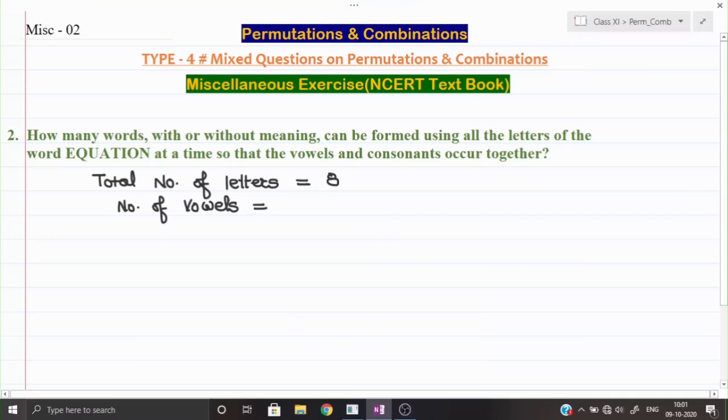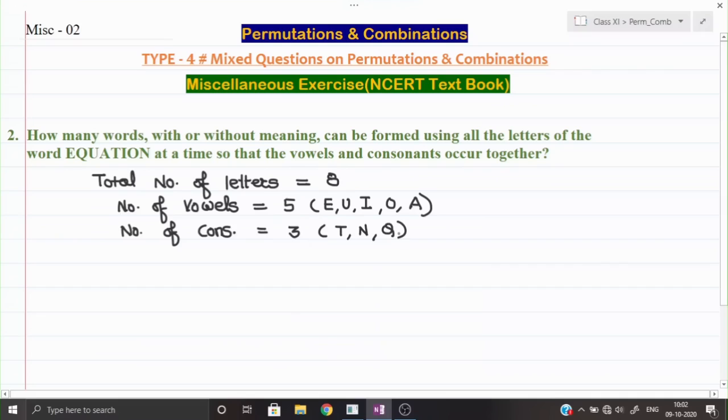The vowels are E, U, A, I, O. So total 5 are there, right? One is E, second one is U, I, and then O, and A I forgot. A is also there. So total 5 are there. So the number of consonants will definitely be 3. Who are they? One is T, second one is N, and one more is Q.